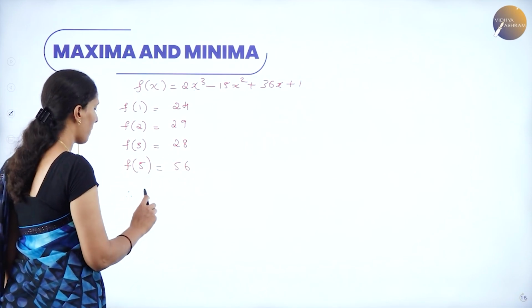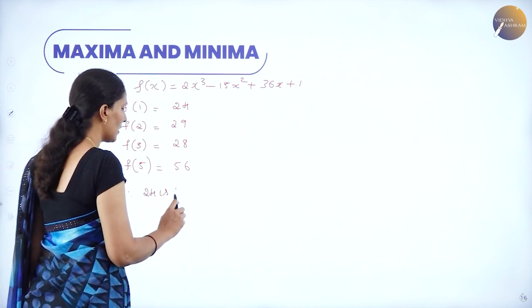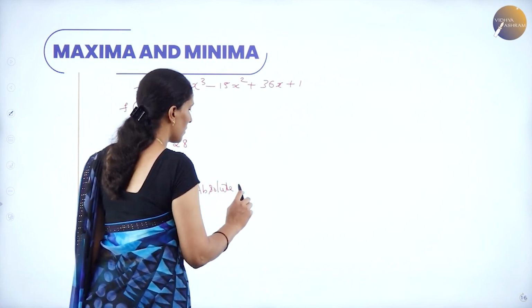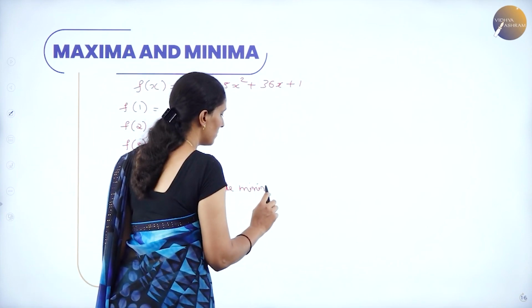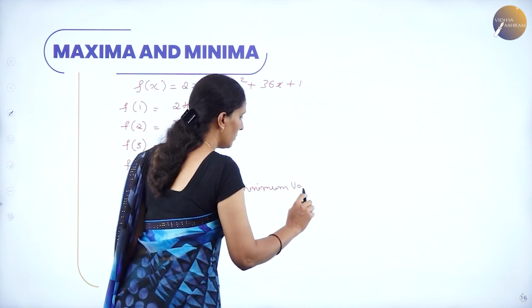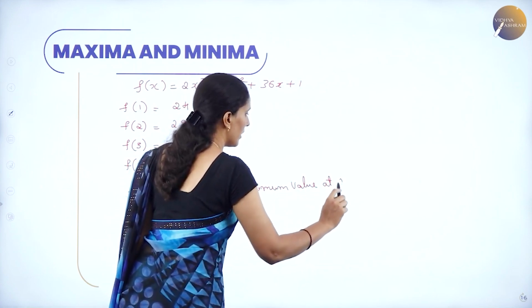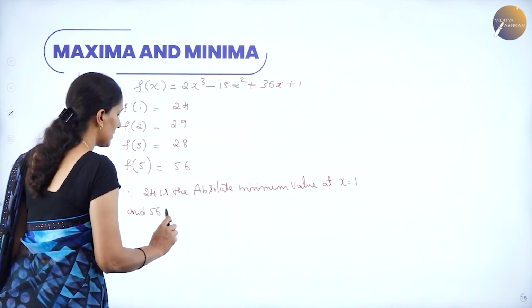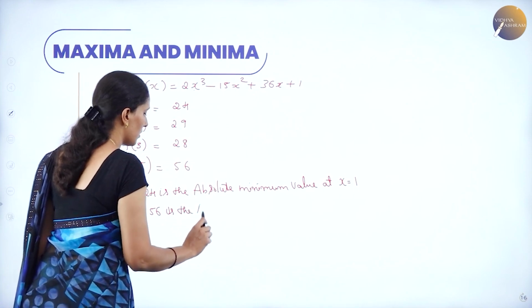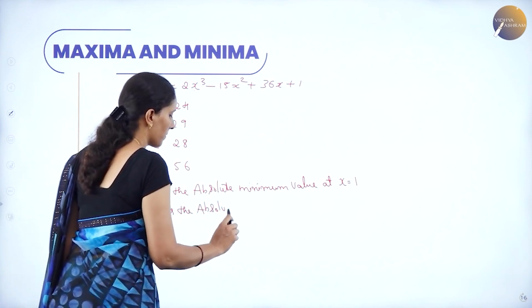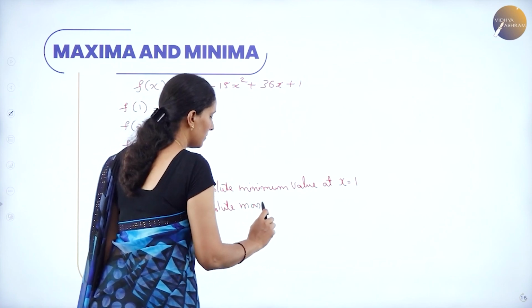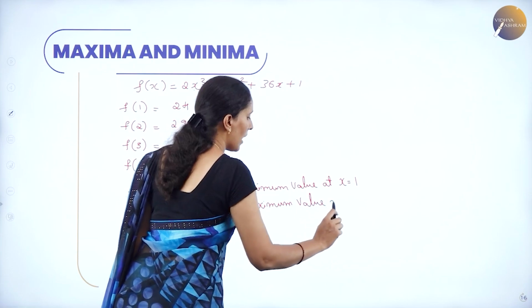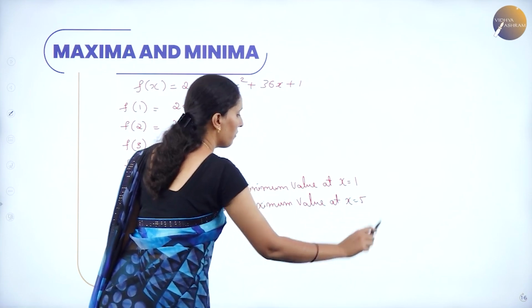So, therefore, 24 is the absolute minimum value at x is equal to 1 and 56 is the absolute maximum value at x is equal to 5.